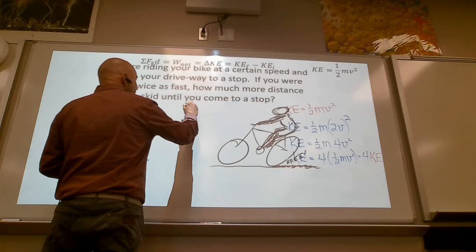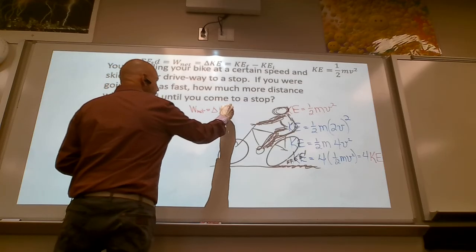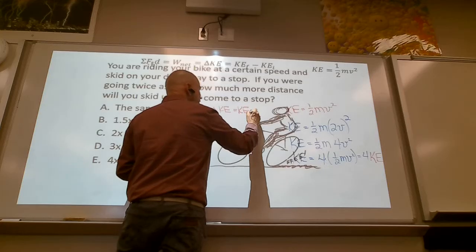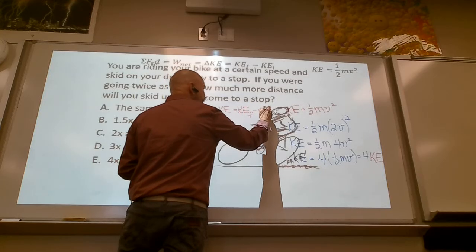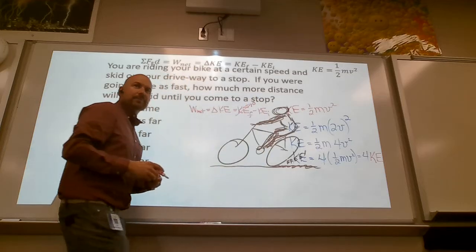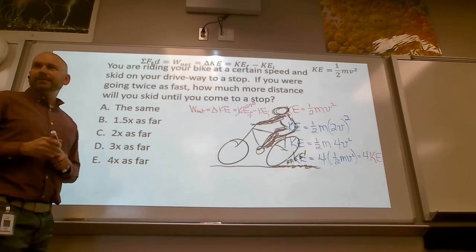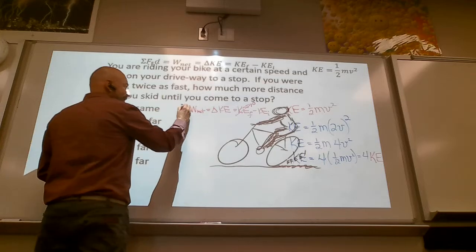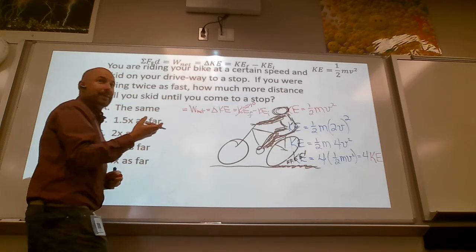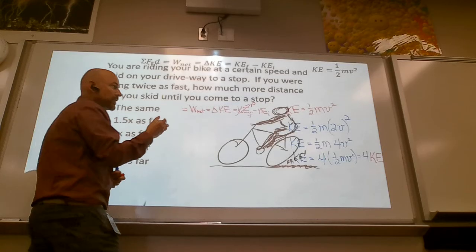We know that the net work is equal to the change in kinetic energy. Change in kinetic energy is final minus initial, yes? And your final is 0. This should look vaguely familiar. The only thing doing work in this example is friction.